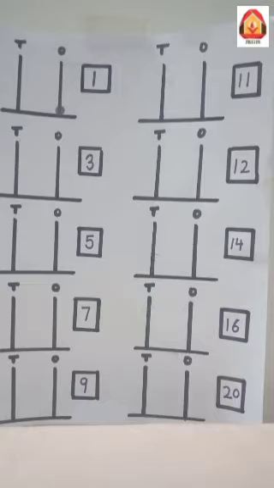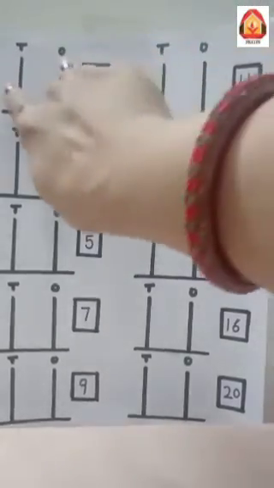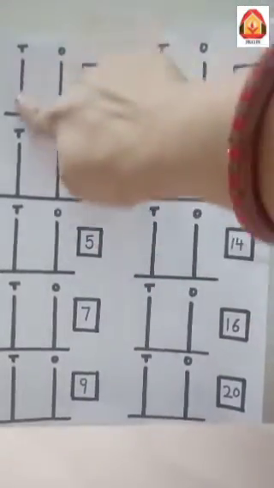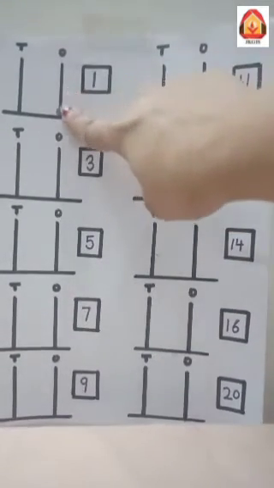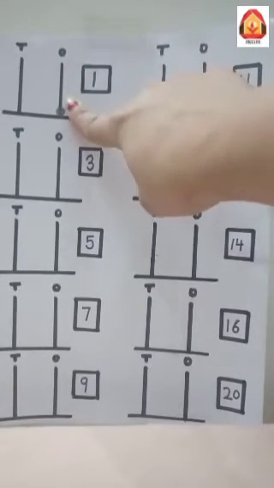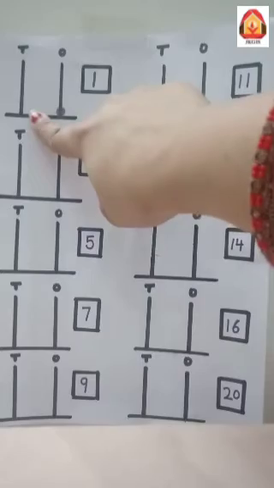One stick represents ones and another stick represents tens. So in this paper, I have made the abacus with one sleeping line and two standing lines. So the first standing line shows ones and the second standing line shows tens.